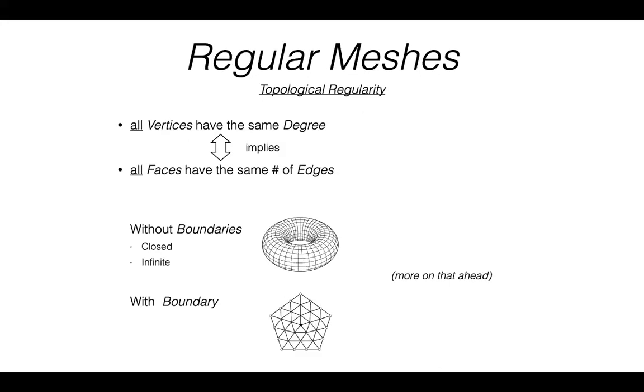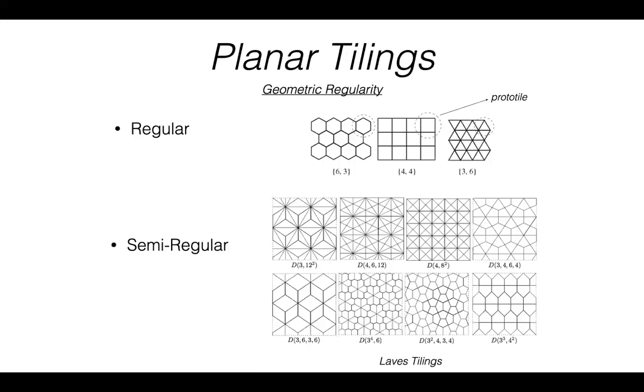And the concept of regularity here is topological. We can extend this to geometric regularity. And this is very important because it's related to planar tilings and it's related to crystallography. That means that it not only requires the topological regularity, but we require that the elements are the same.